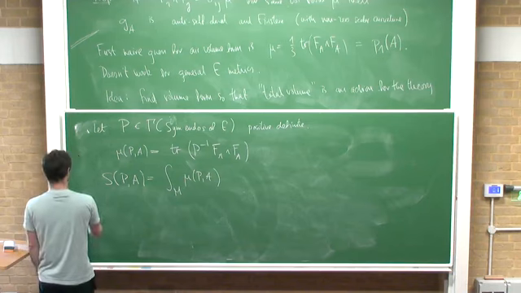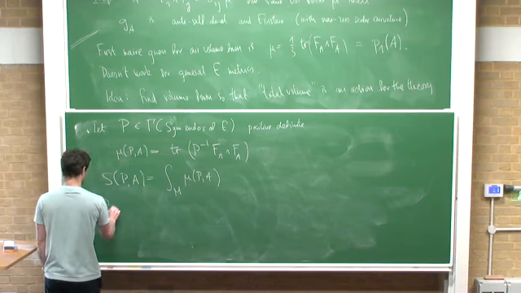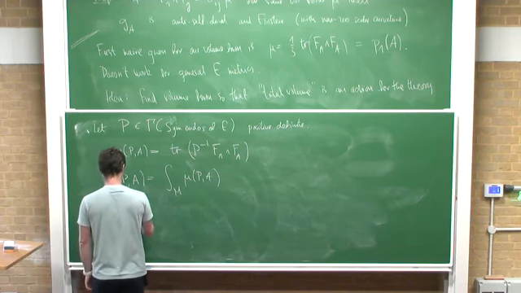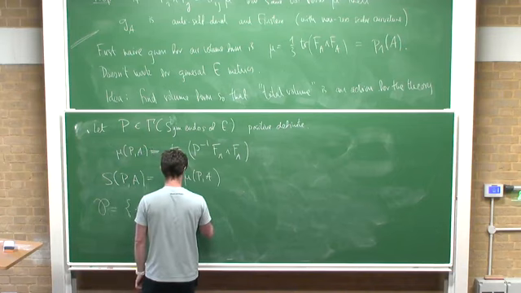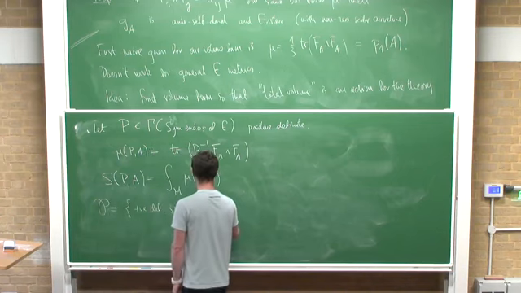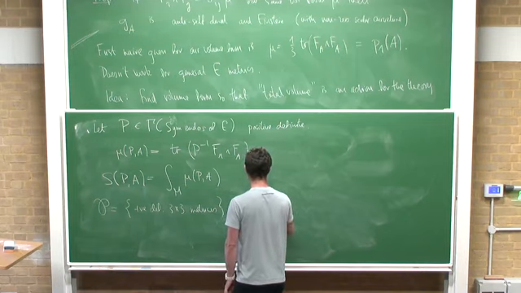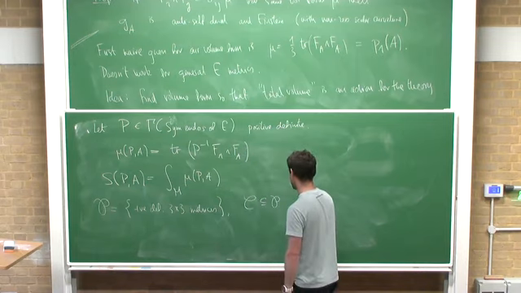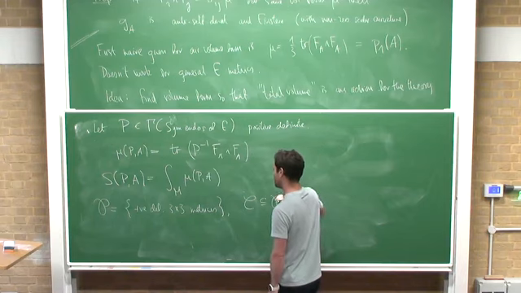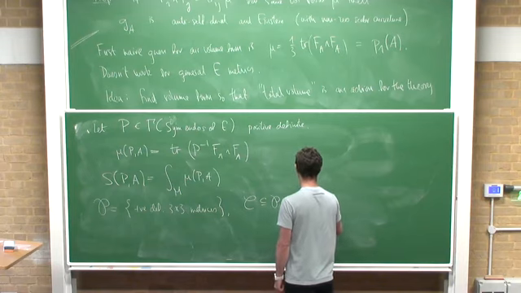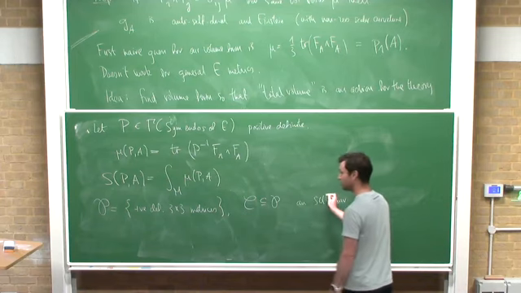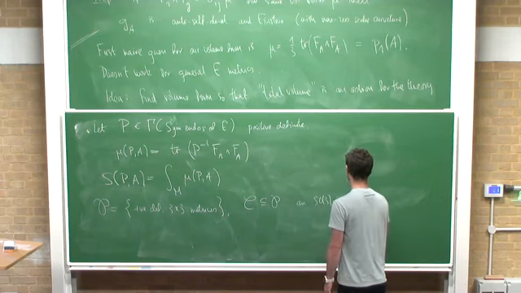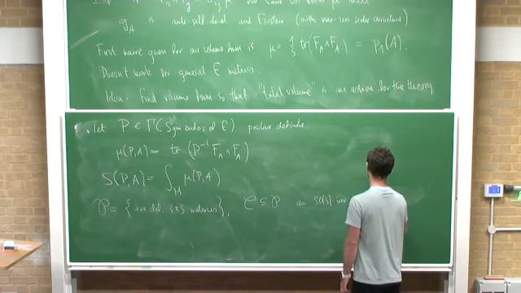Okay, so I'm going to write curly P for the set of positive definite 3x3 matrices. And I'm going to write curly C inside curly P. This is going to be a hypersurface which is invariant under the action of SO3, by conjugation.